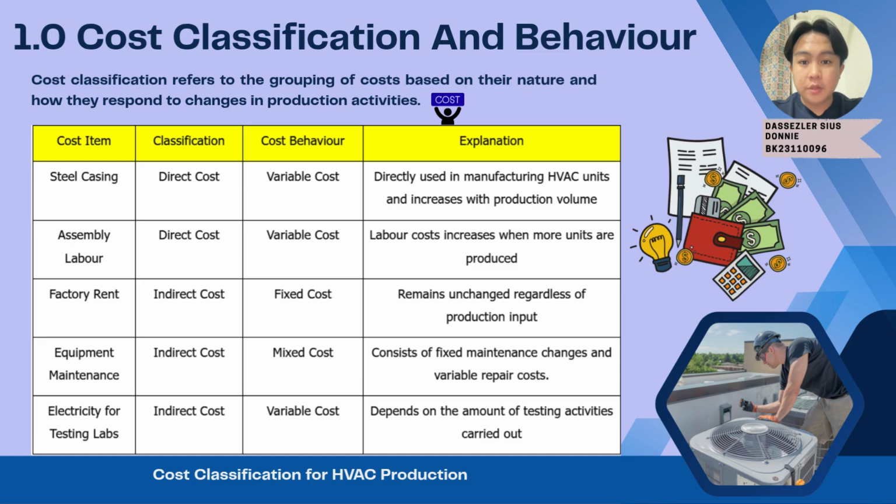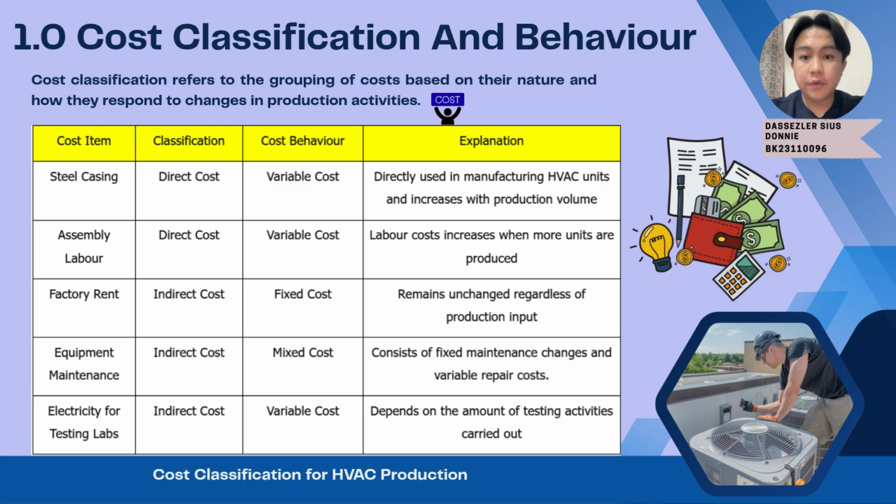As shown in the table, steel casing and assembly labor are classified as direct costs because they are directly used in the manufacturing process. Both are variable costs since they increase as the production volume increases.